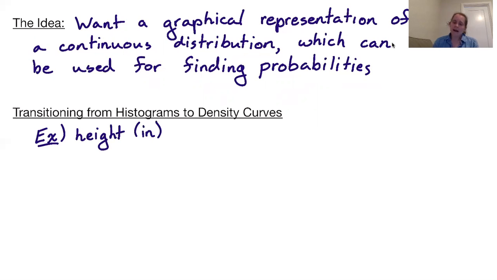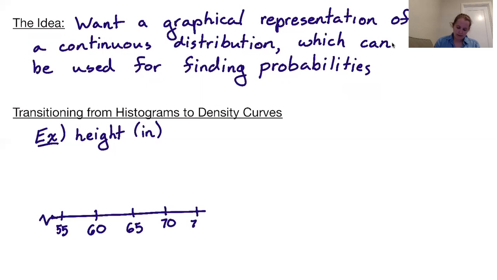If we were looking at height, we could have a histogram that maybe starts at 55 inches, 60, 65, 70, 75.